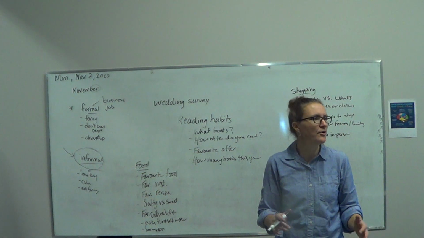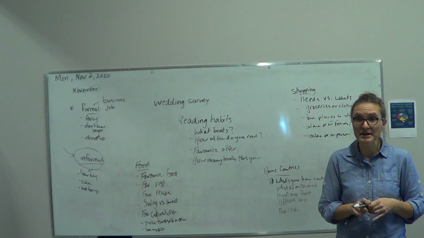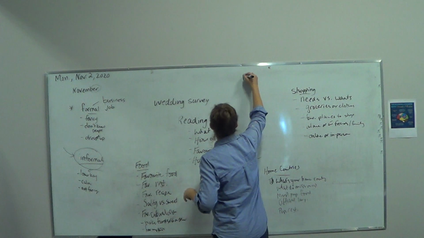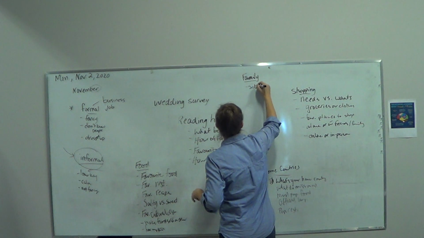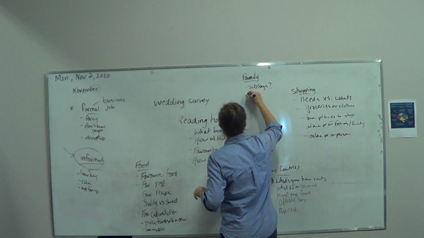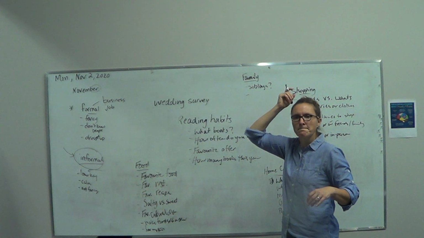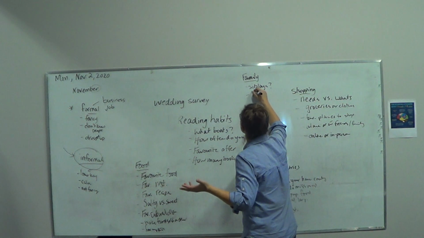Other topics. What else do we want to know about each other? Family? Is family a good topic? Sure. What kind of family questions could you ask? How many siblings you have? Siblings, yeah. What else? Do you all live in the same country? Where does everybody live?